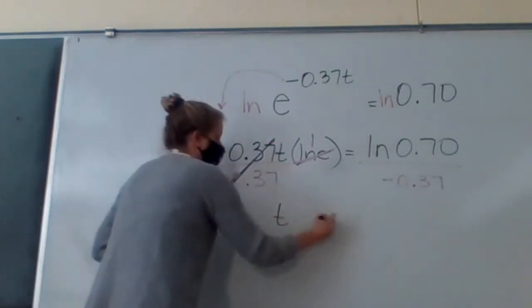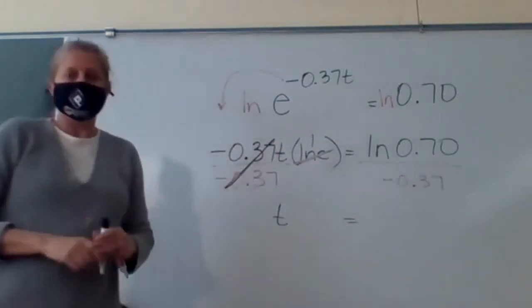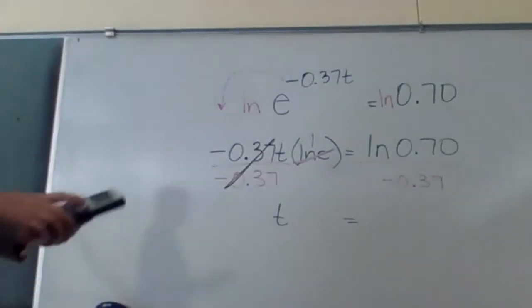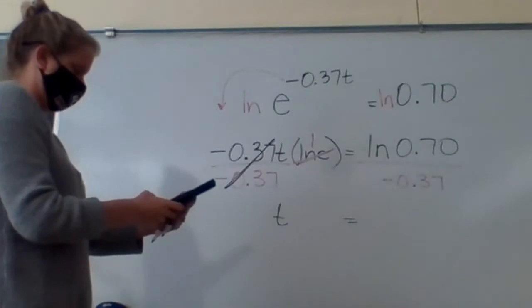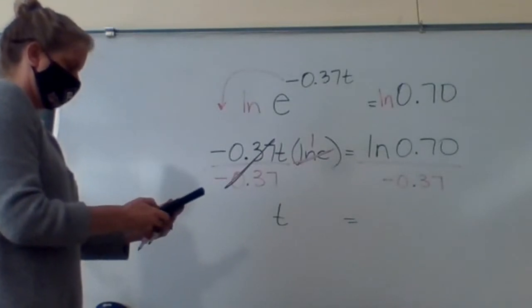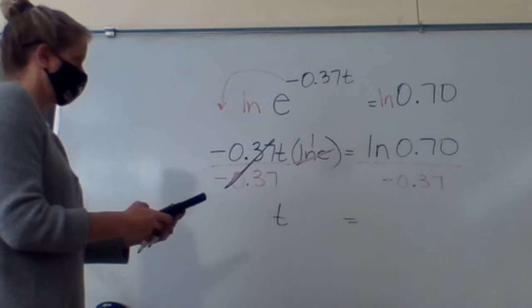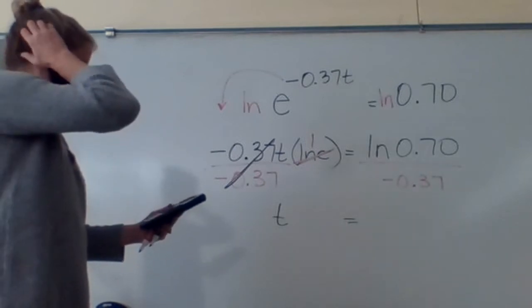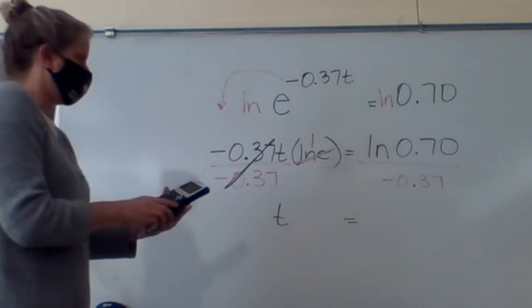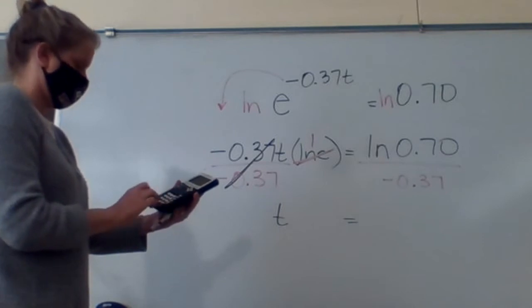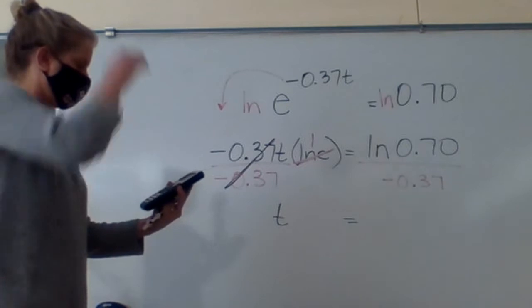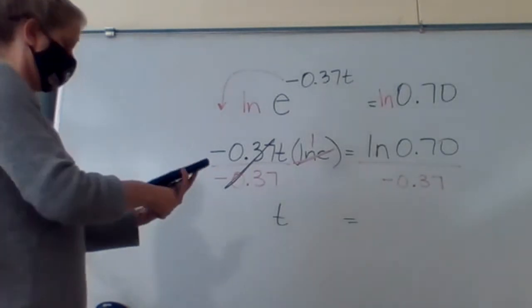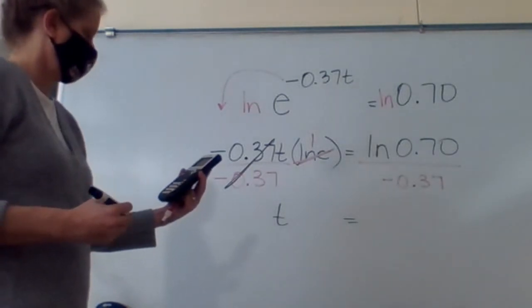So now t equals, then that's your calculator work. So you've got ln 0.70, close. I go ahead and hit enter and then divide that by negative 0.37. Round your answer to 4 decimals.